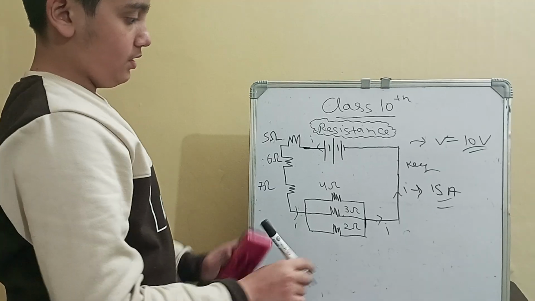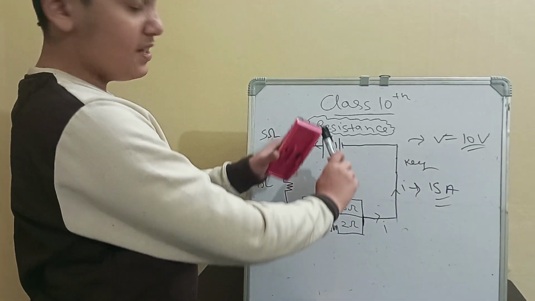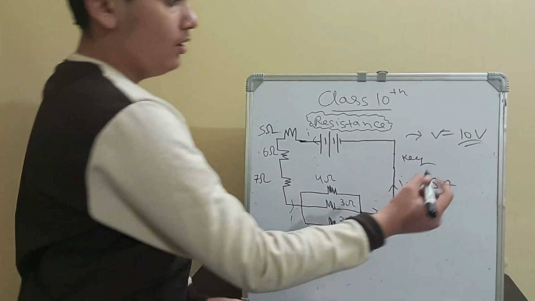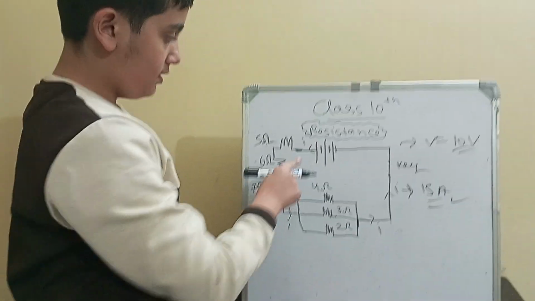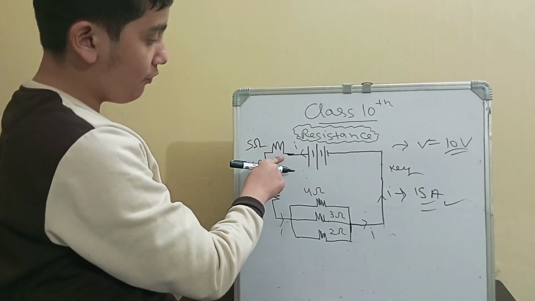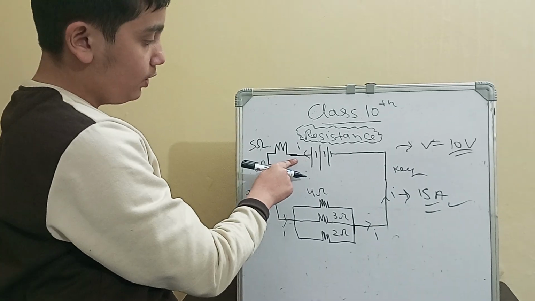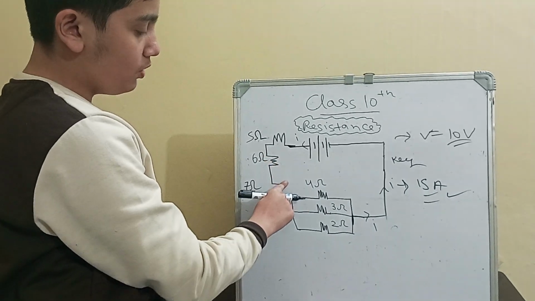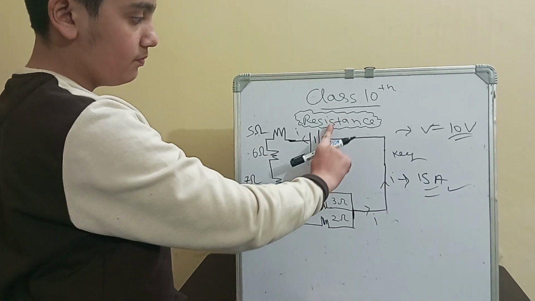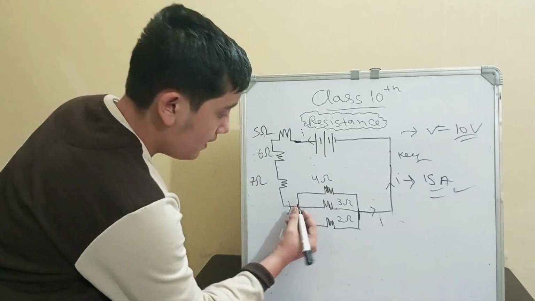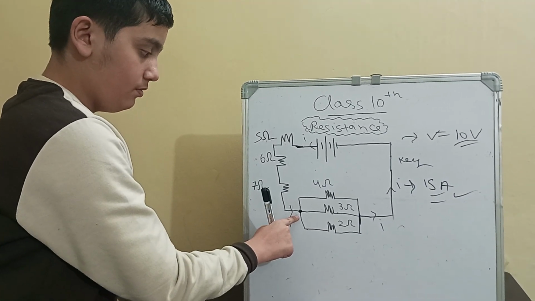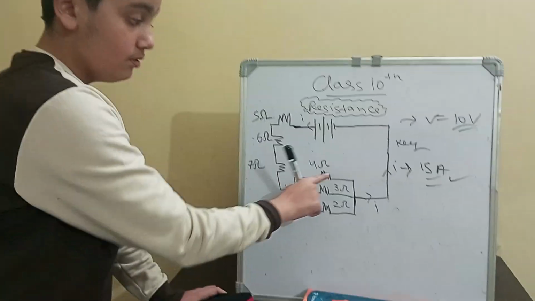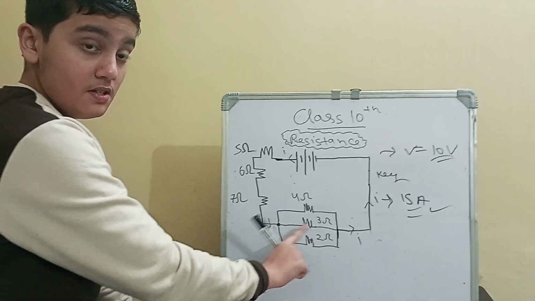One thing: in a series circuit, I, that is current, remains constant. It means that the amount of current that goes from the positive terminal will be equal to the current flowing through the whole series circuit. However, when it reaches this point, the circuit becomes parallel. It is no more series.